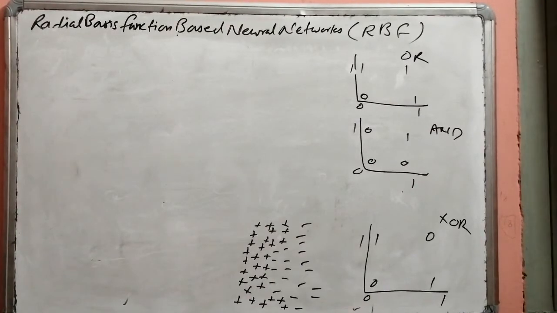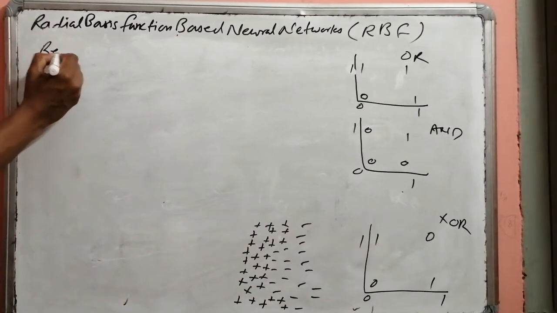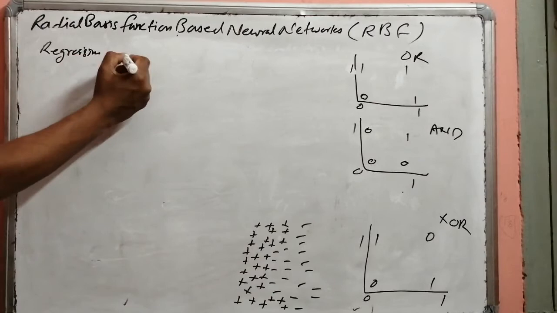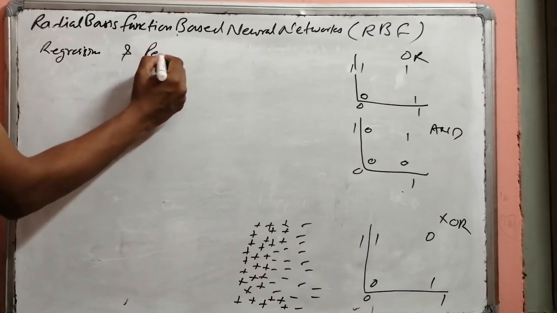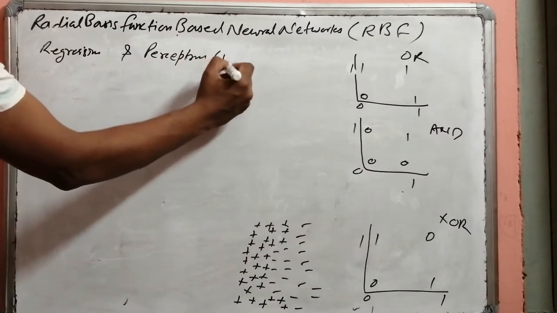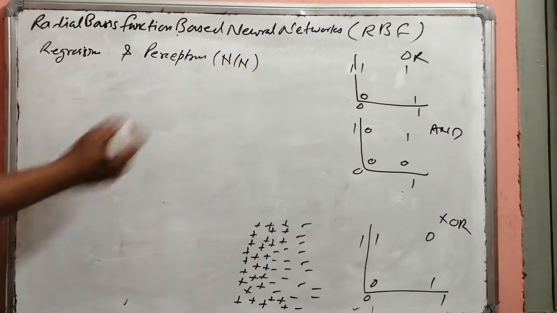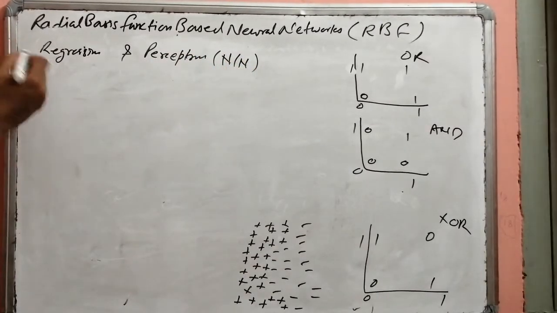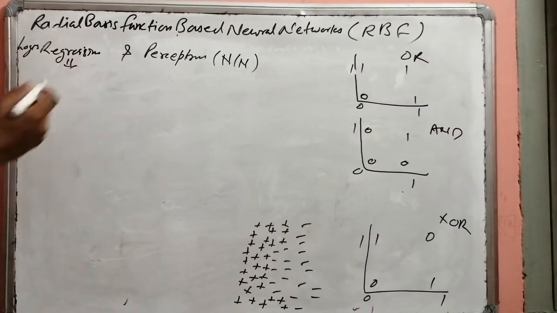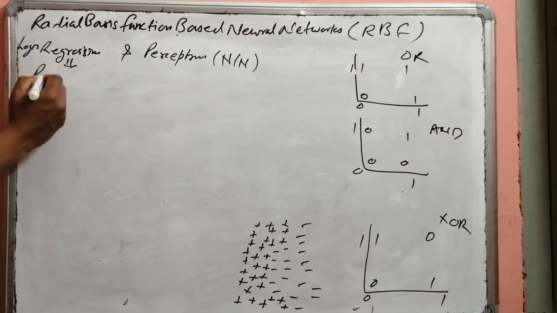So till now, what we have learned is that there was a regression technique, and on the other side was your perceptron, or you can say a neural network based technique. Regression was logistic in nature, which further makes use of polynomial features, not exactly polynomial regression.